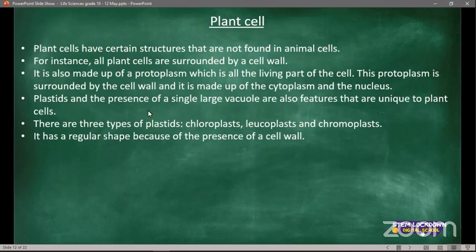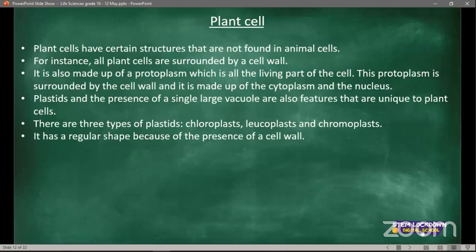So plant cells also have plastids, and they have a single large vacuole. We have 10 minutes remaining, guys. So let us rush through this. Plant cells have plastids and the presence of a single large vacuole.